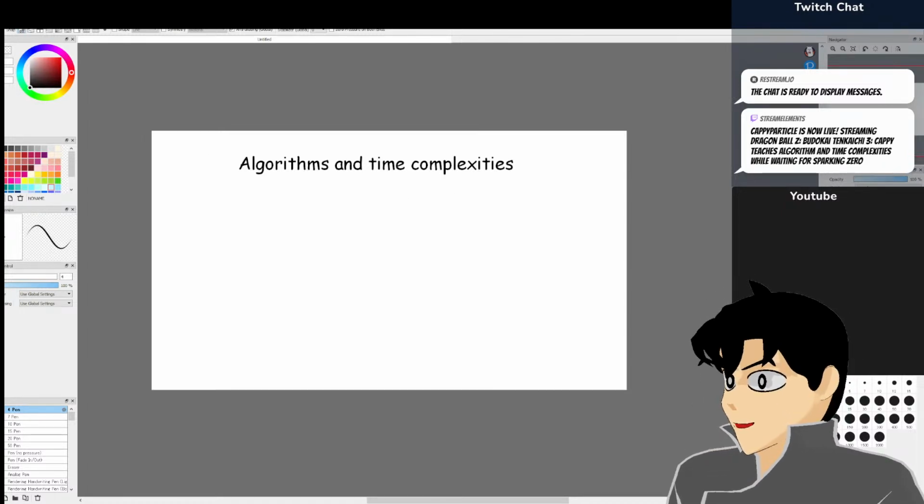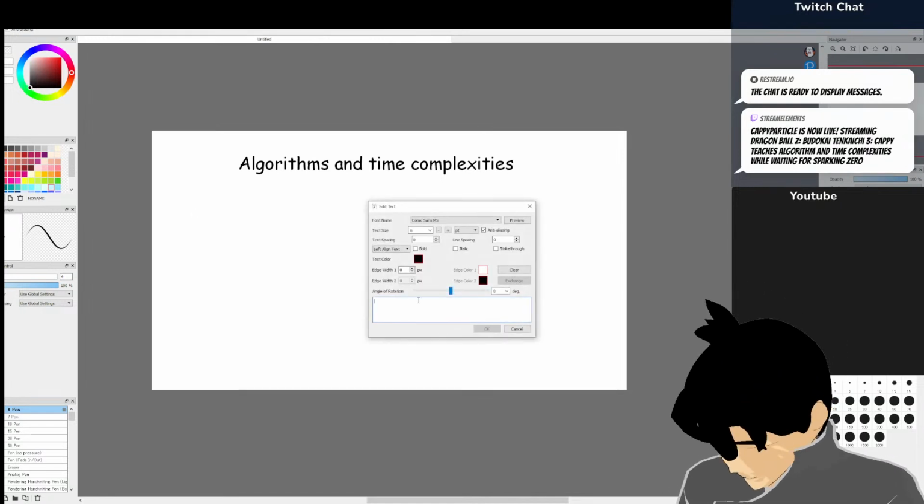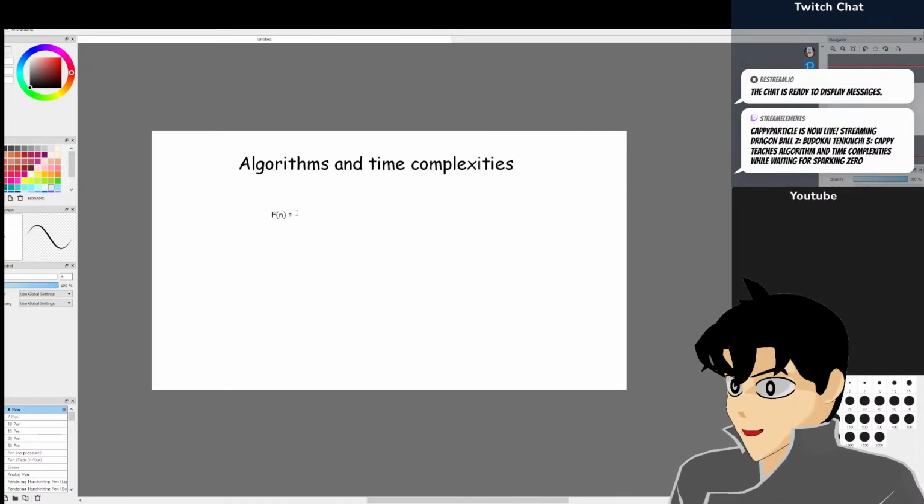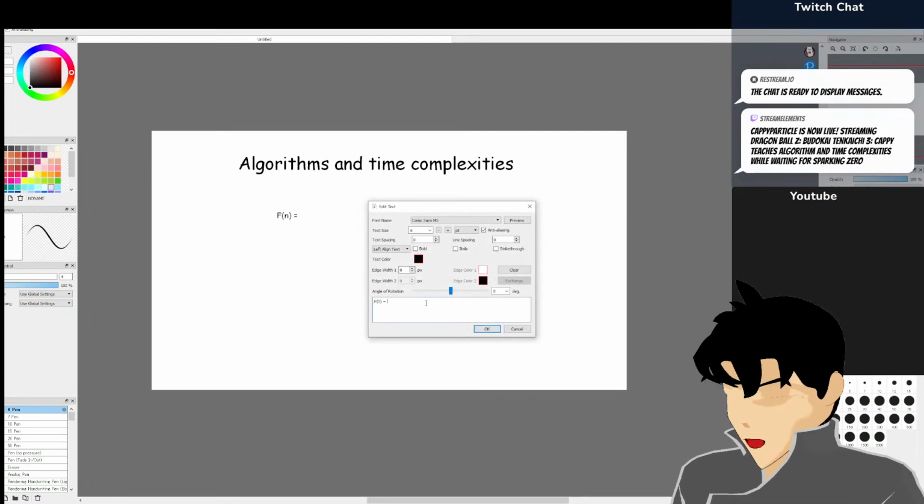So typically, algorithms are done as, let me just do f of n equals. So typically, functions are set like this.